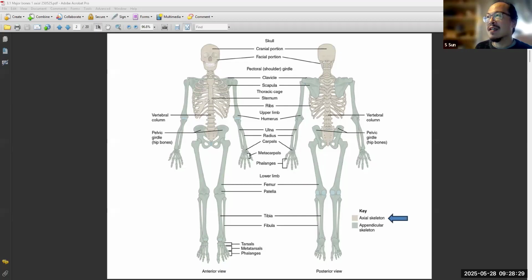So here we have the brain, and here we have the spinal cord. So brain, spinal cord, and the bones attached to that directly are the axial. The pelvic girdle connects with the spinal cord, but this one is considered appendicular. So it's like borderline, right?